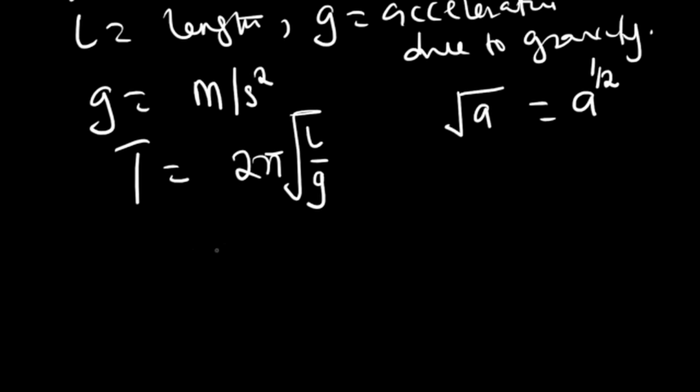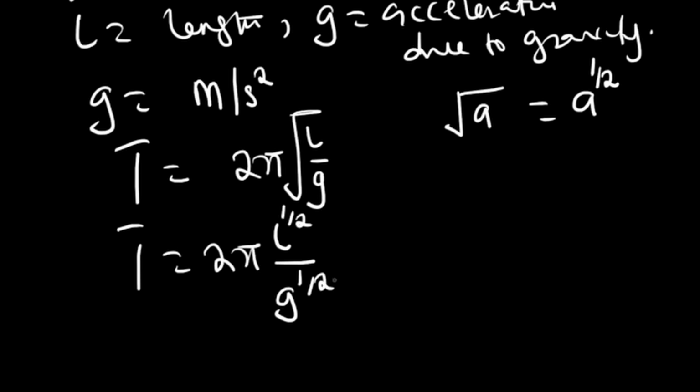Now let's do it. We have that T is equal to 2 pi, multiplied by L to the power of 1 over 2. I believe you know why it's now to the power of 1 over 2. It's simply because it's inside the square root. Now this is all over G raised to the power of 1 over 2. Having done this, what's the next thing that we are going to do?